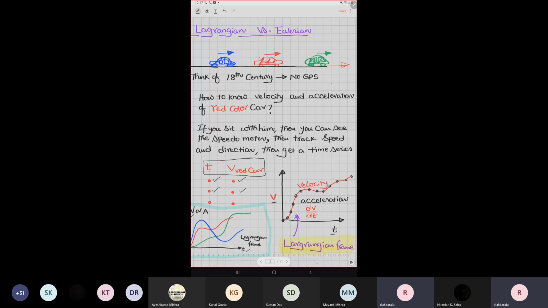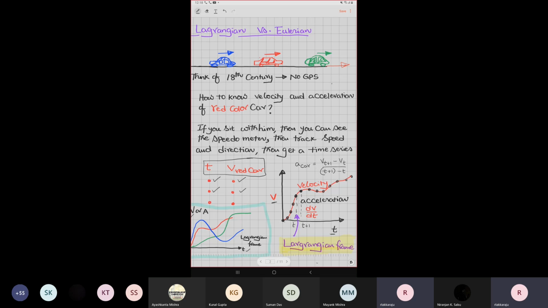Now, if I would like to calculate the acceleration of the red color car, I can pick any two neighborhood points as close as possible. Let us call this one t plus 1 time, and this one t. So v at time t plus 1 minus v at time t, divided by t plus 1 time minus t. That gives me the acceleration of the car.